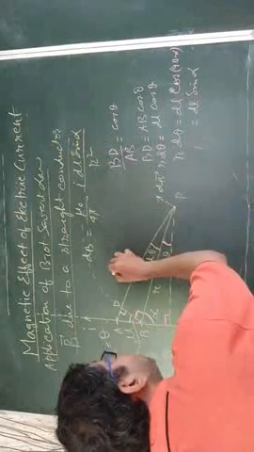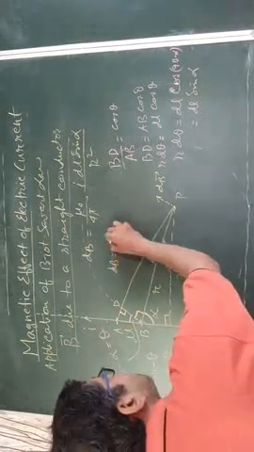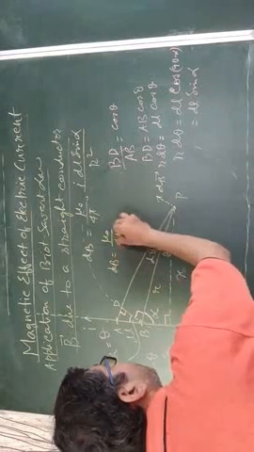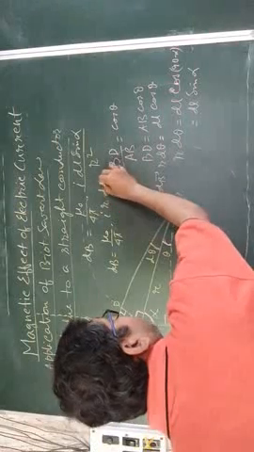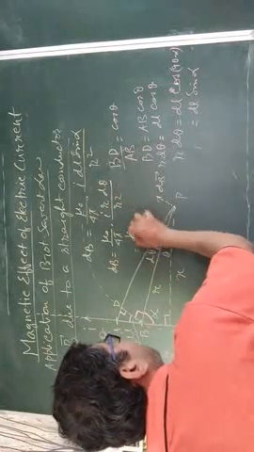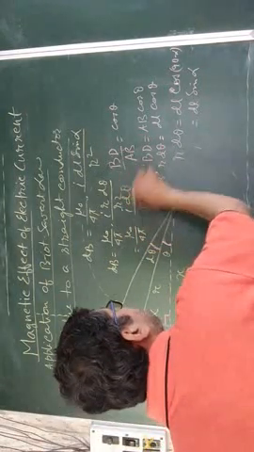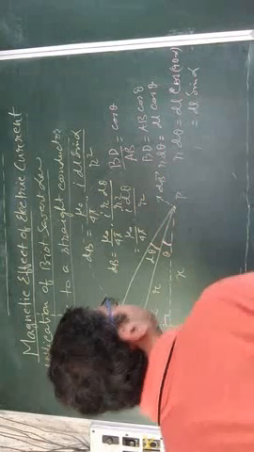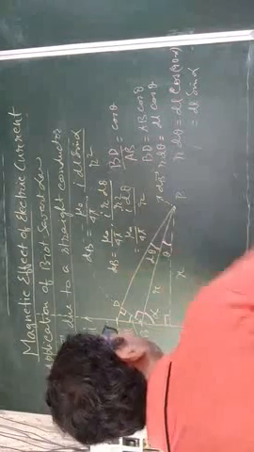So that means dB is equal to mu naught upon 4 pi I r d theta by r square. That means mu naught upon 4 pi I d theta by r. This is the final expression of dB.